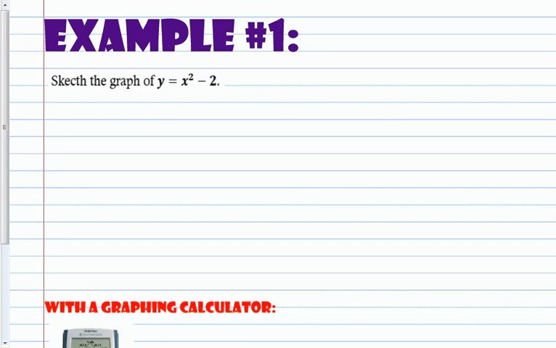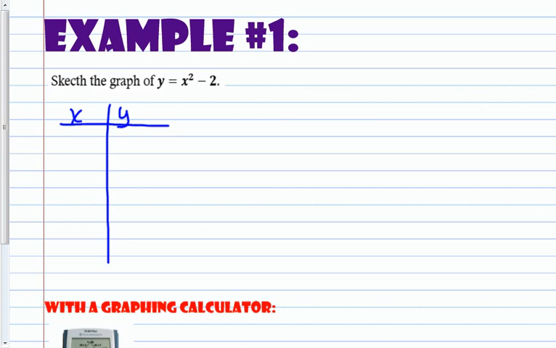Okay, so example 1, sketch the graph of y equals x squared minus 2. Now, when I say sketch the graph, I really want you to be able to do this by hand. And by hand means you're actually going to need a table. So x's and y's. And I always have the issue where nobody knows how to pick my values.